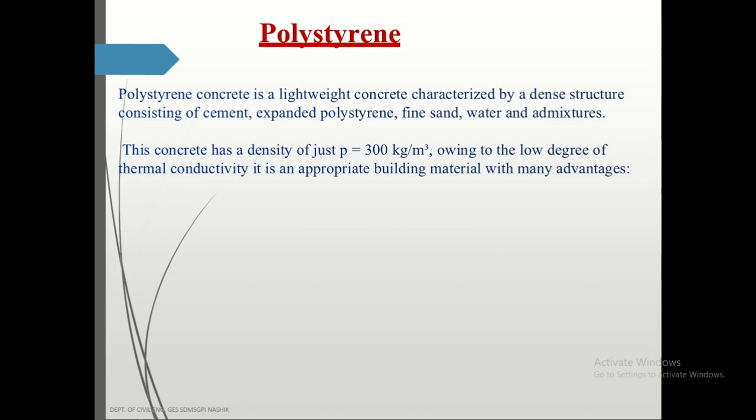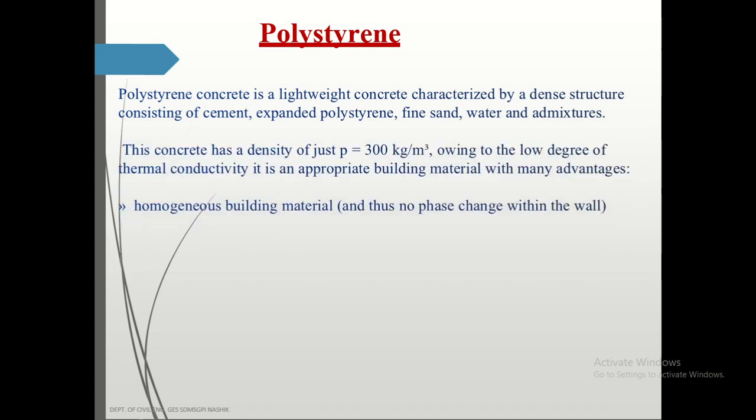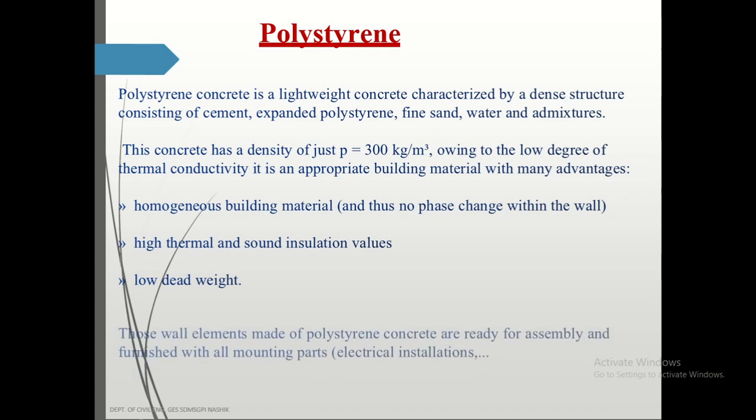Owing to the low degree of thermal conductivity, it is an appropriate building material with many advantages. First, it is a homogeneous building material, that is no phase change, high thermal and sound insulation walls, low dead weight, means self weight is so low.